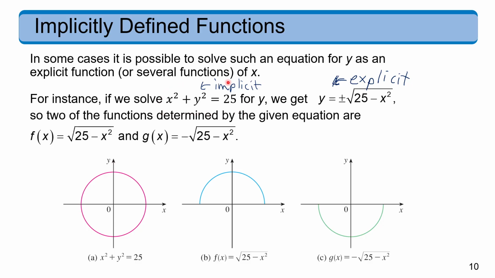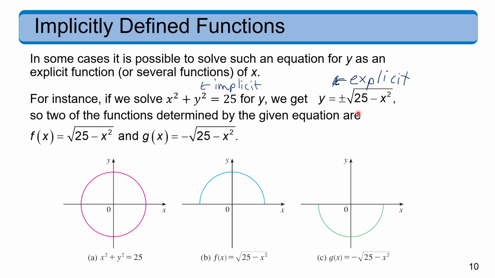The original graph, you probably recognize as the equation of a circle centered at the origin with radius 5, since the square root of 25 is the radius. Here in red is the graph of the given implicit equation. Notice that this fails the vertical line test, which means it's not a function. So in this case, y is technically not a function of x.